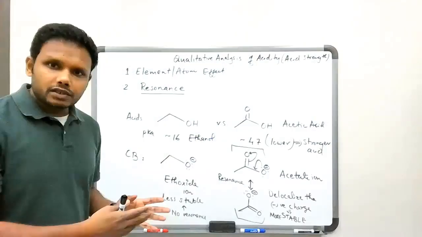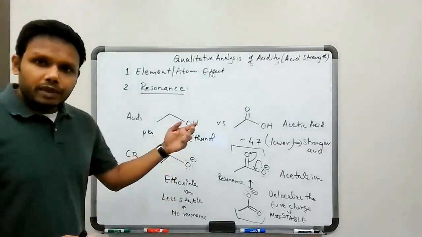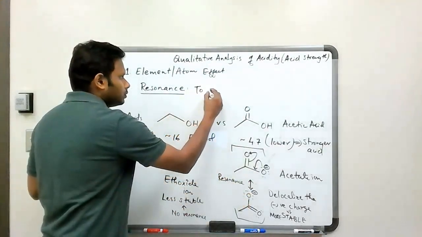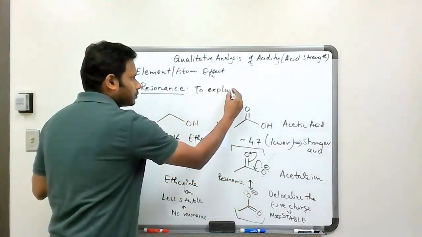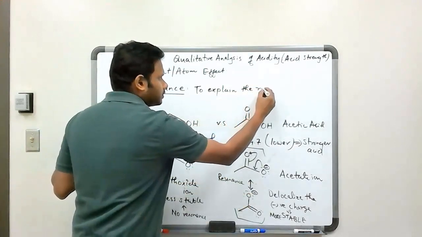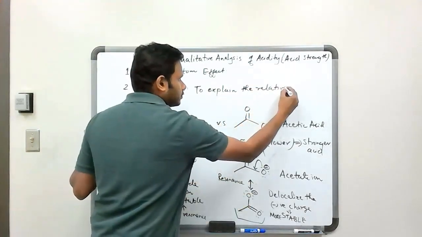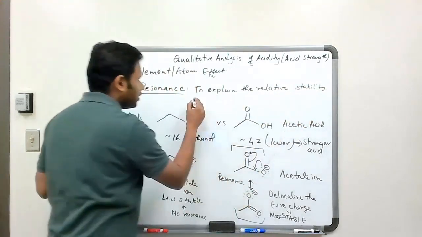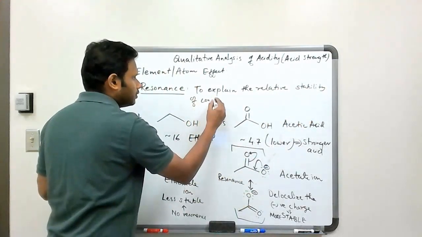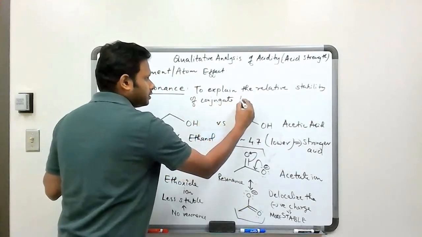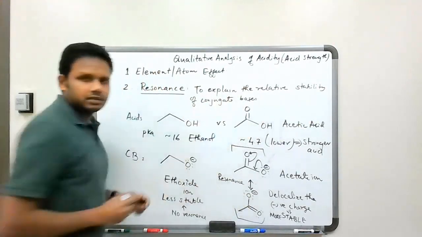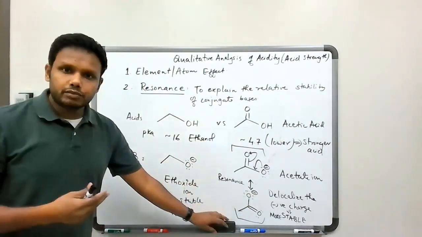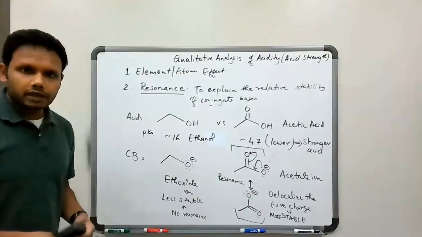So we can use resonance to explain the relative stability of conjugate bases, and we can then understand or explain acidity based on that.